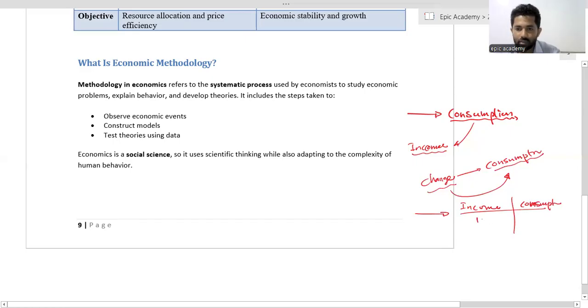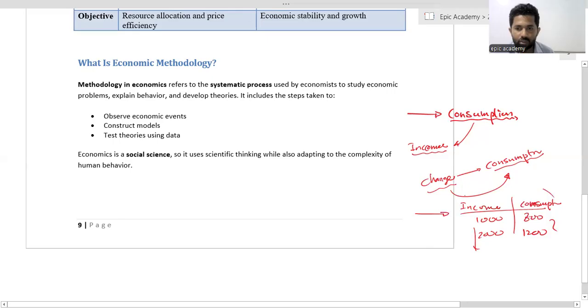If this person gets 1,000 rupees, he is going to spend only 800 rupees for the purpose of consumption. If income increases to 2,000, he is going to spend on consumption only this amount. Something like that, several options.